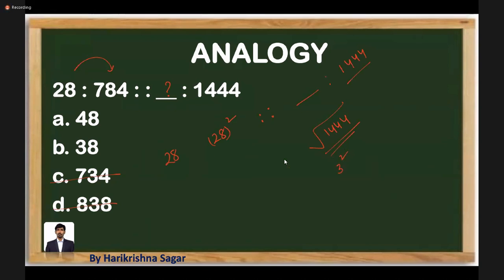If you observe 30 square and 40 square values, what is 30 square? 900. What is 40 square? 1600. So the given number is 1444. It is less than 1600. That means the answer choice should be less than 40. That is going to be 38. Mark your answer as 38. If you observe, 38 square is going to give the value as 1444.